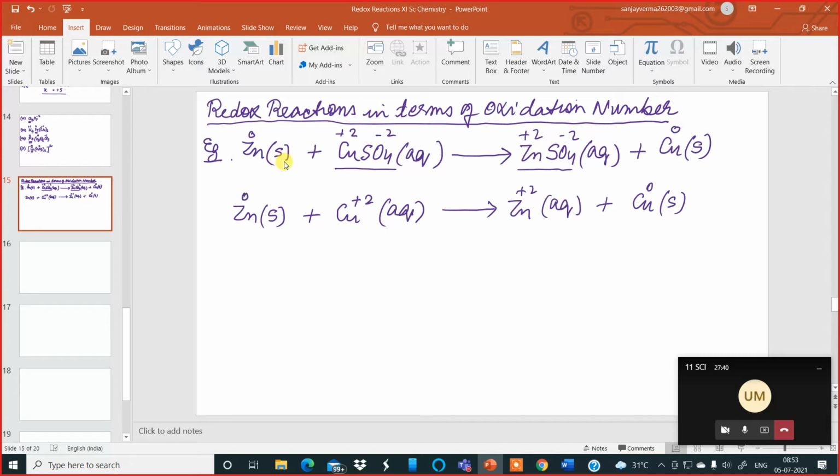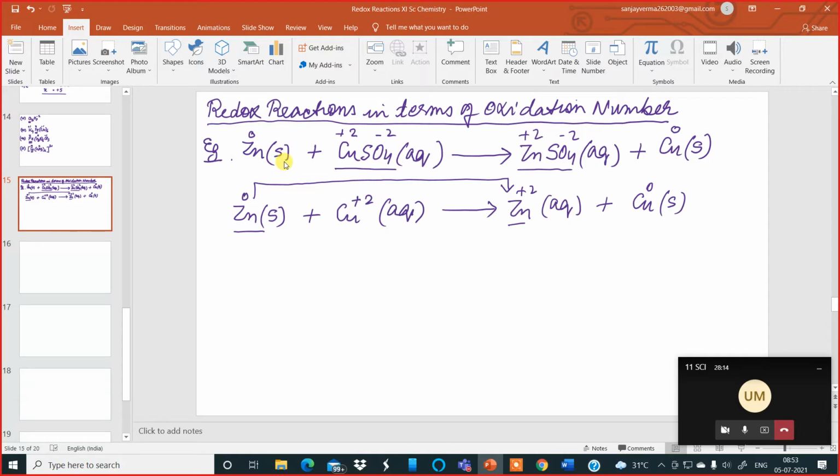Now watch very carefully. When this reaction is happening, the zinc metal whose oxidation number is 0 is becoming zinc ion whose oxidation number is +2. So I will put an arrow like this. Zinc metal is becoming zinc ion, so 0 is becoming +2.